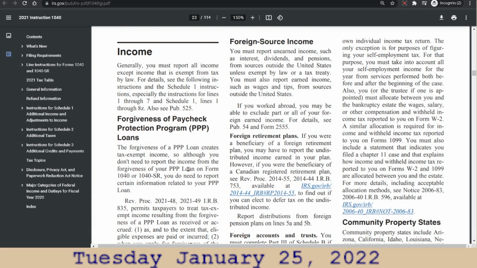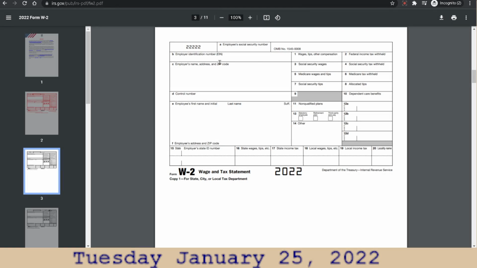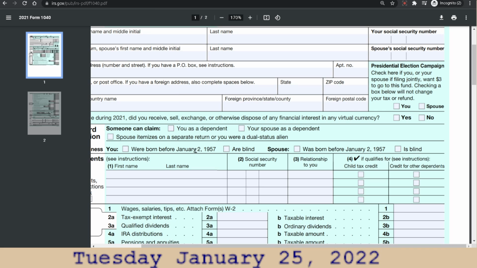Here we go. So, now I want to look at the W-2. The W-2 is going to have wages, and then it's going to have federal income tax withheld, Social Security, and so on and so forth here. I'm going to try to do a simple one just to look at the forms.